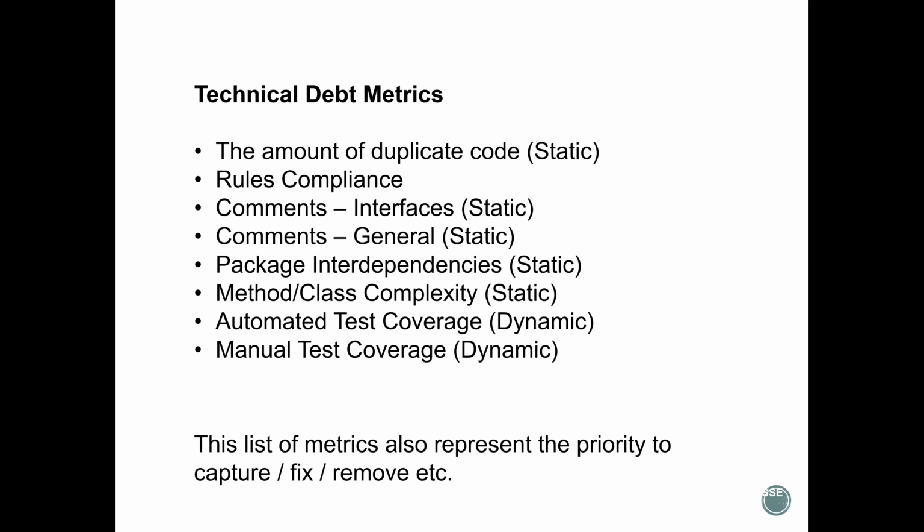So these are the list of metrics which also represent the priority to capture, fix or remove the bugs in the particular software. Because if you are following these practices, the technical debt in a particular organization can be alleviated.